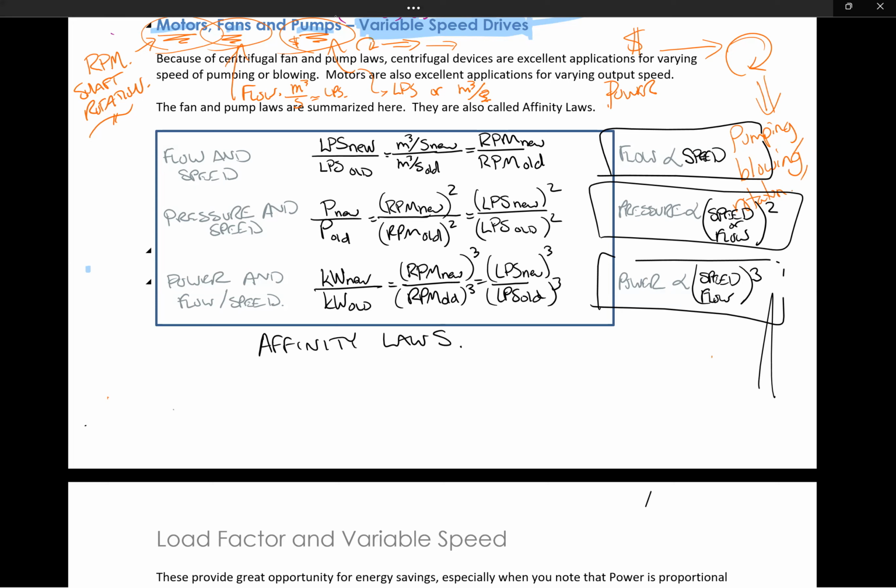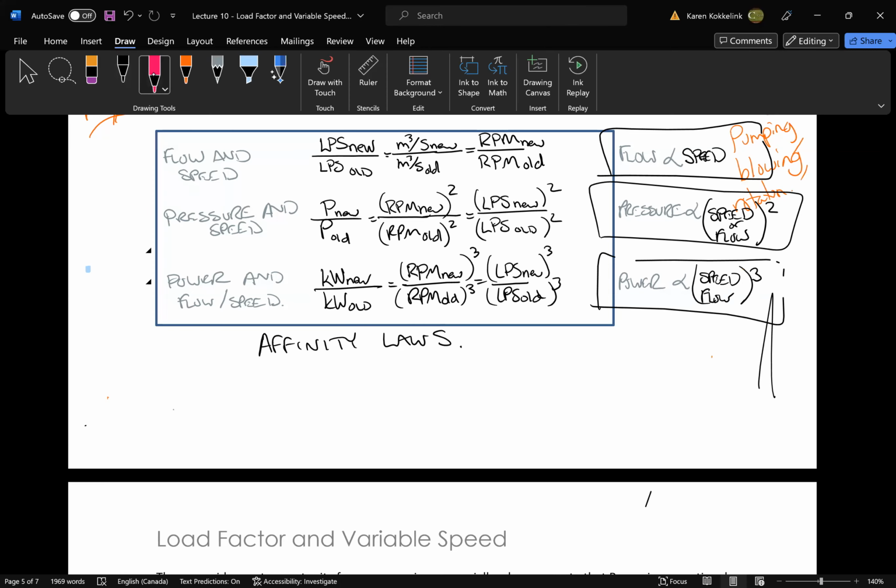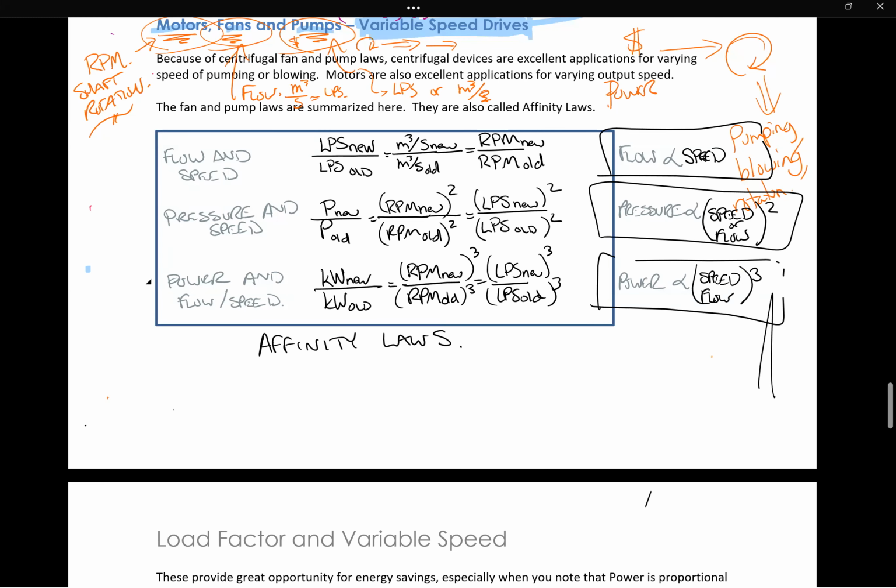So, in conclusion, why is this good for us? This is good news because to save a significant amount of power, we want to look at this cubed relationship. To save a significant amount of power, we can lower the flow rate of pumps or lower the RPM of motors.